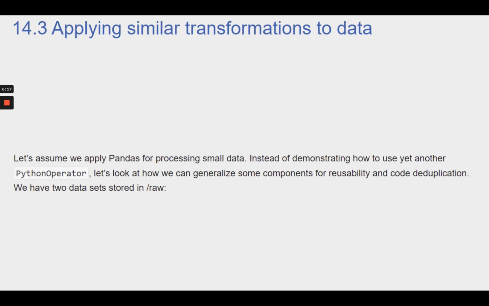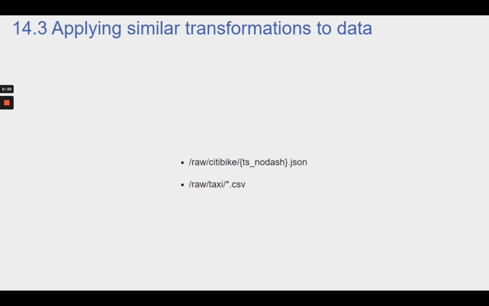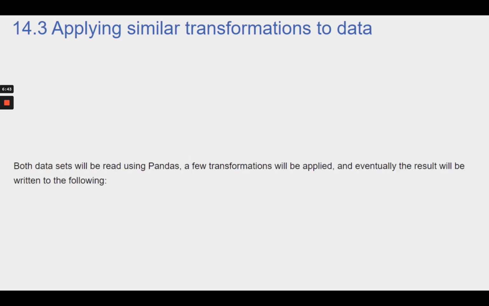Instead of demonstrating how to use yet another Python operator, let's look at how we can generalize some components for reusability and code deduplication. We have two datasets stored in /raw: /raw/citybike/{ts_nodash}.json and /raw/taxi/*.csv.